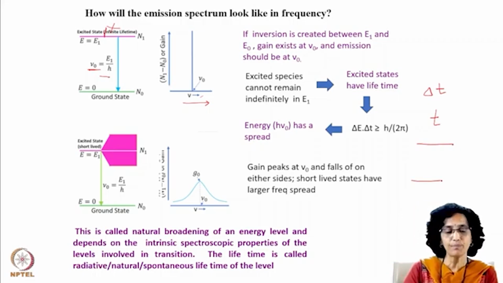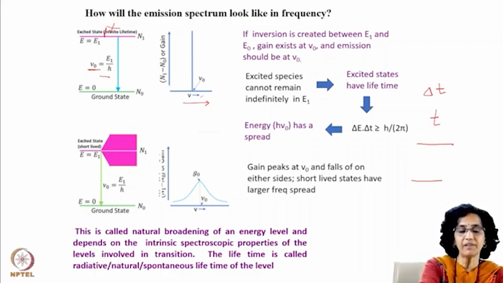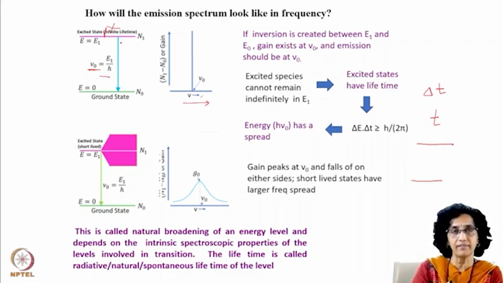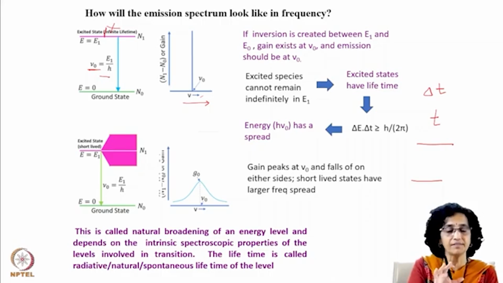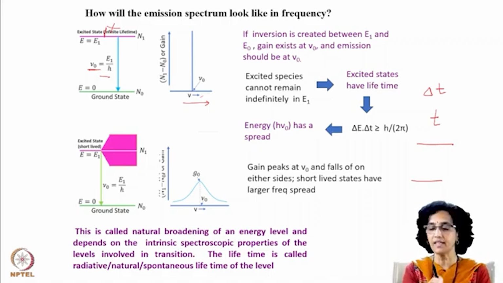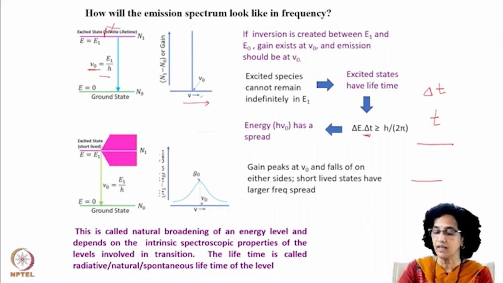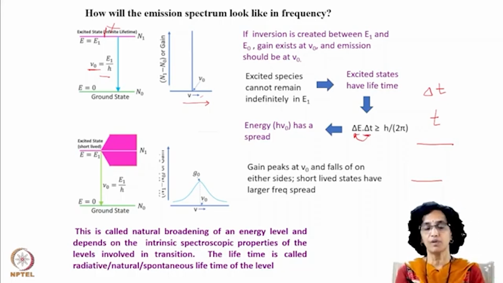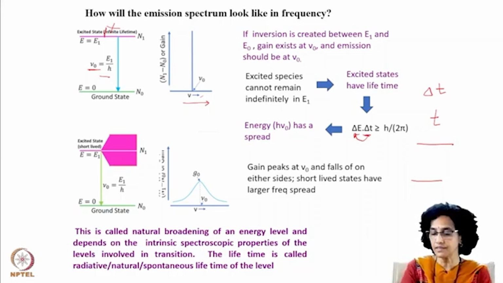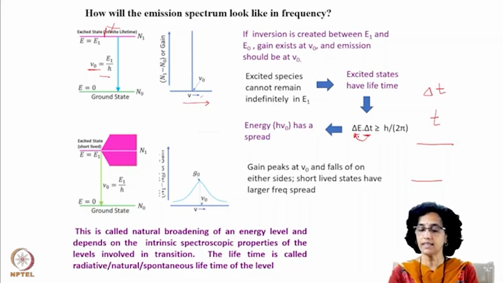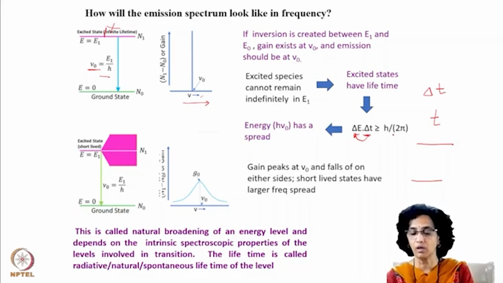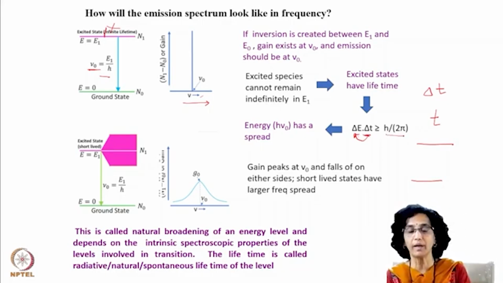Right? So when we are talking about an excited level, it does not have infinite lifetime, but it has a very finite lifetime. And because it has a finite lifetime, because there is an uncertainty in the lifetime, there is a corresponding uncertainty in energy also. And this comes from Heisenberg's uncertainty relation: delta E times delta T is always greater than or equal to h by 2 pi.